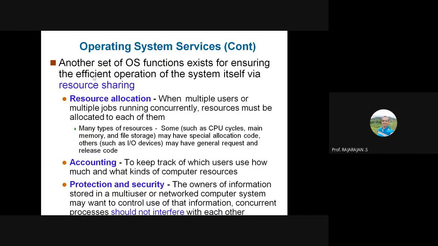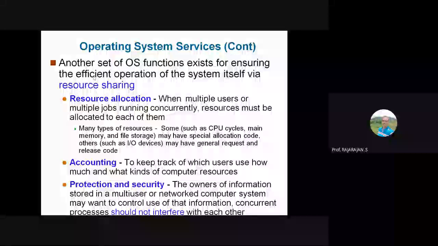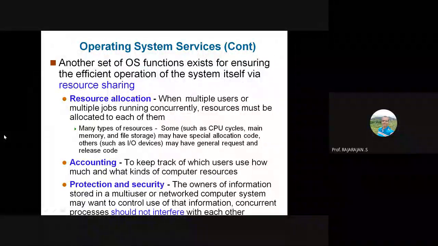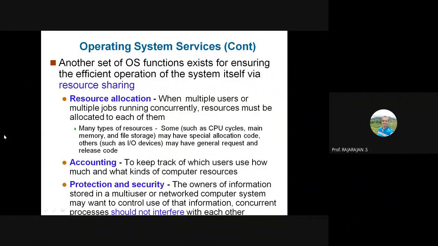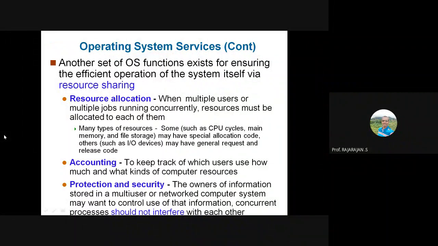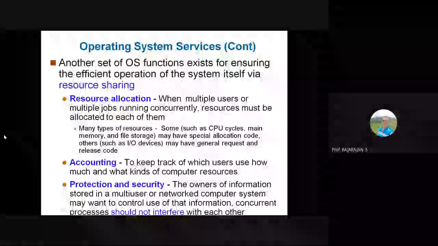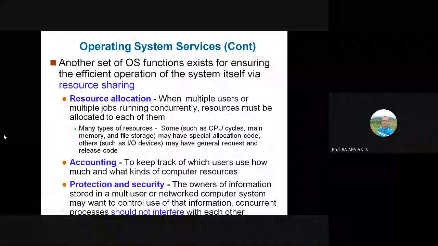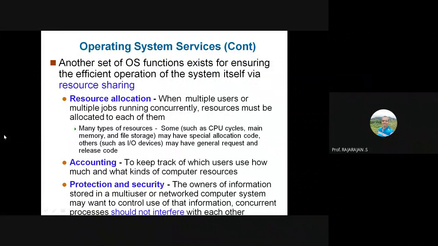Next is resource allocation. So allocation of resources, when many users or many processes have to share resources, resource conflicts are likely to happen. So in a separate unit, we will discuss synchronization and what are the potential problems associated with the concurrent processes. So right now, we just look at the resource allocation as the responsibility of the OS. So many types of resources are available, like the CPU, main memory, IO devices, files.